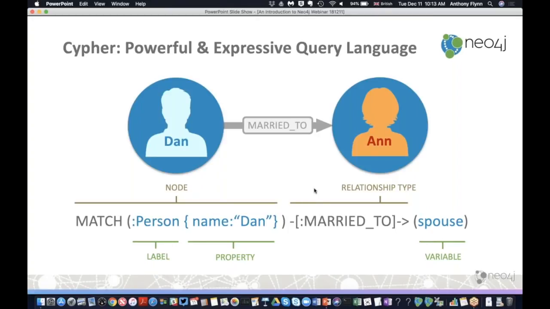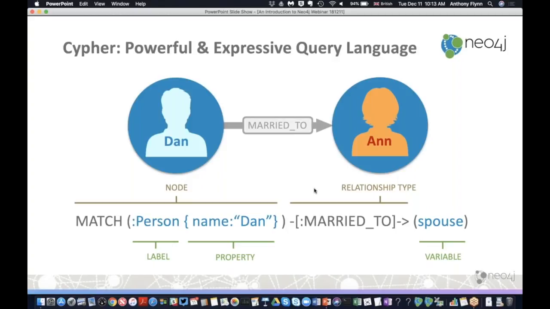So notice that this is a very novel and a very clear way of expressing a graph query. It's actually based on ASCII art. So if you notice, data nodes are circles in the diagram, and relationships are arrows. And we've captured that kind of graphical view of the world in the query language.